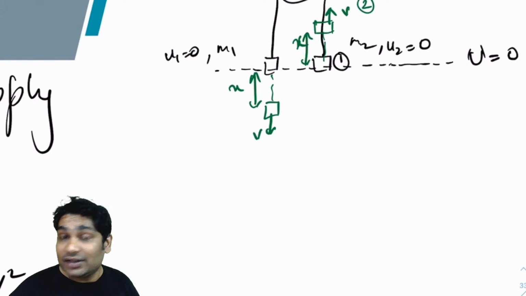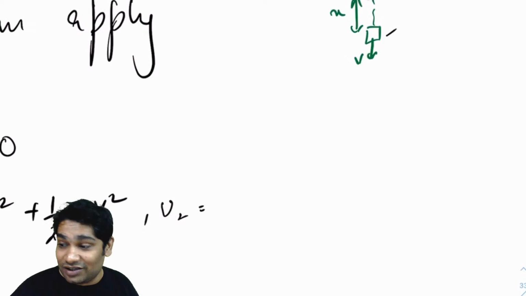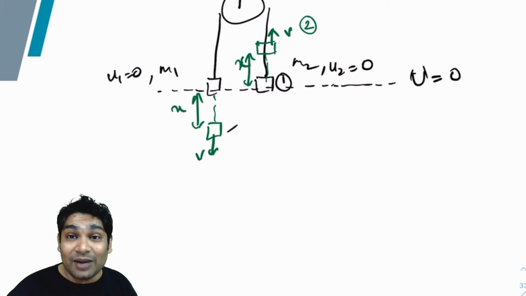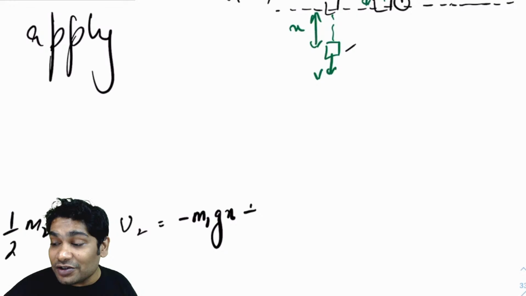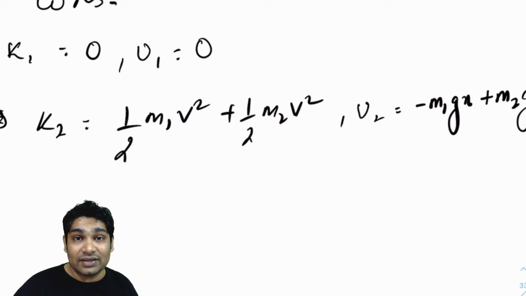This mass has come down from the reference point by x, so this will have a potential energy of minus m1gx. And what about the other mass? It has gone up from the reference point, so that will have a potential energy of plus m2gx. Right? I hope everybody follows this.